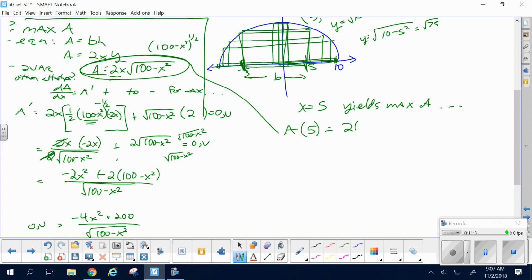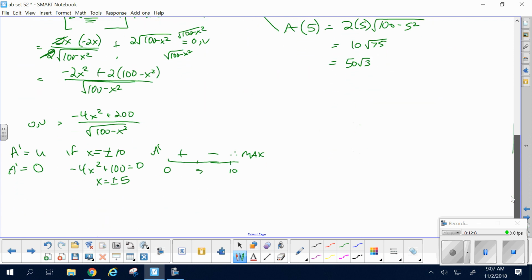That would be 2 times 5 times the square root of 100 minus 5 squared, 10 root 75, or maybe something like 50. Mr. Rickman? Yep. 5 wouldn't make it go negative. For the critical number? You're saying it's the square root of 50. You're right. Sorry.